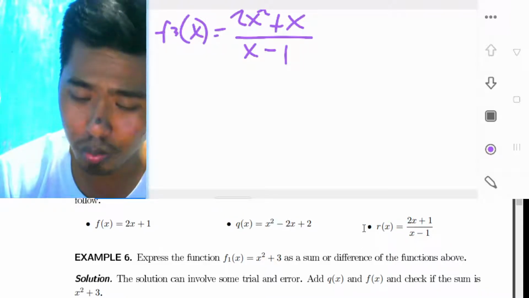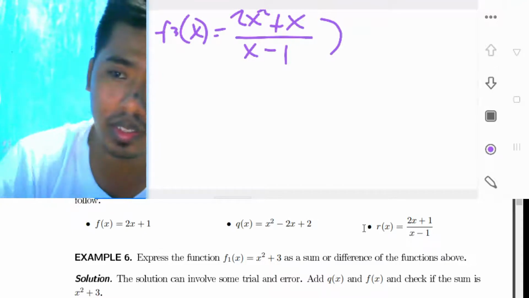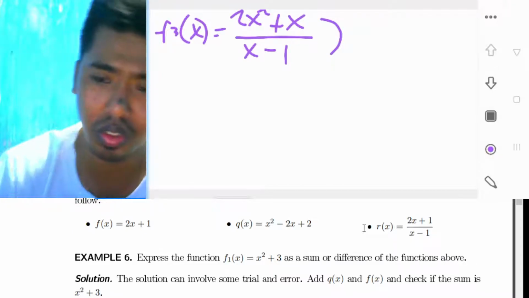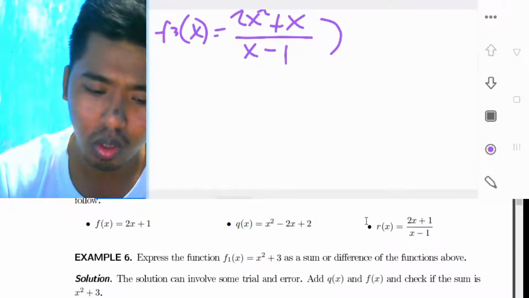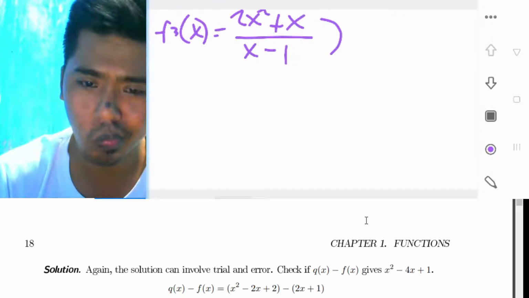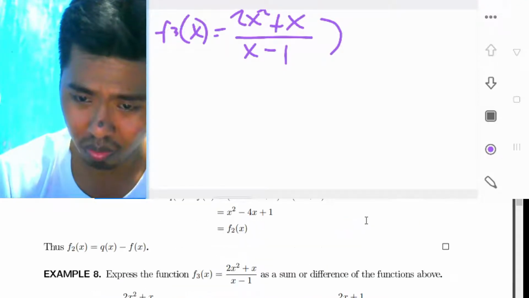So we will try to make the answer become like this. So what would be our options? How about if we try to have f of x and r of x? How about that?